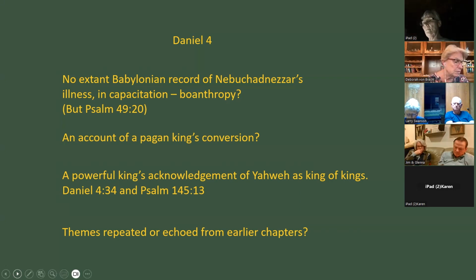It's in verse 34. I bless the Most High and praised and honored the one who lives forever, for his sovereignty is an everlasting sovereignty, and his kingdom endures from generation to generation.